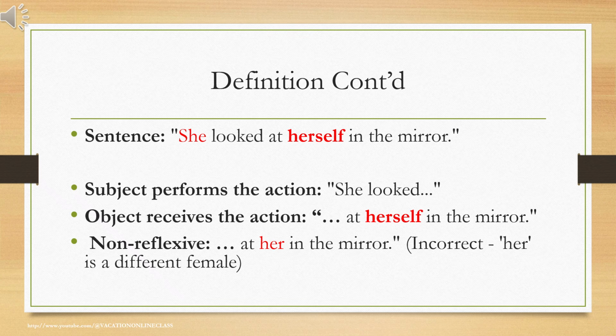But if it's a non-reflexive, then we will say that Sandra looked at Mercy in the mirror. So, to say that she looked at her in the mirror means that she and her do not refer to the same person. But if it is a reflexive pronoun, then they must refer to the same person, like we have, she looked at herself in the mirror.